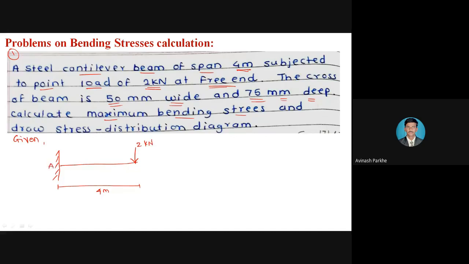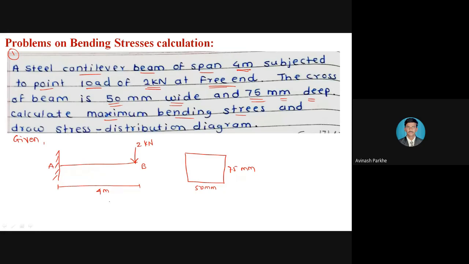Maybe this is point A, this is point B. So this is the figure, that is cantilever beam, and the cross sectional area is also given, a rectangular cross section, 50 mm width and 75 mm depth.